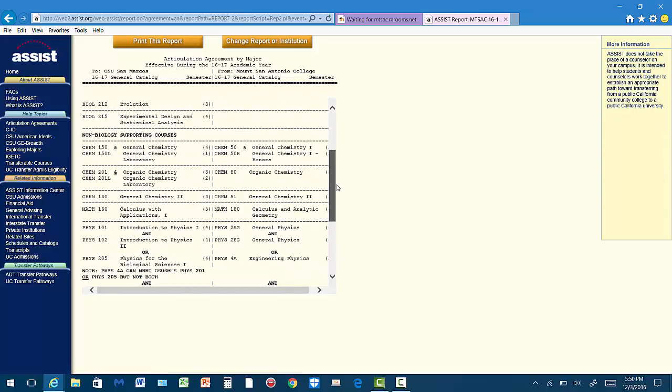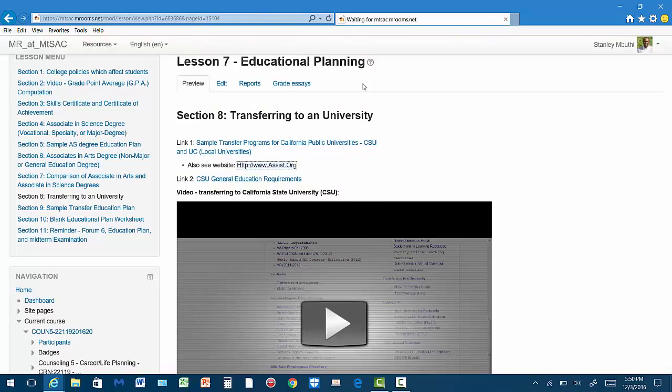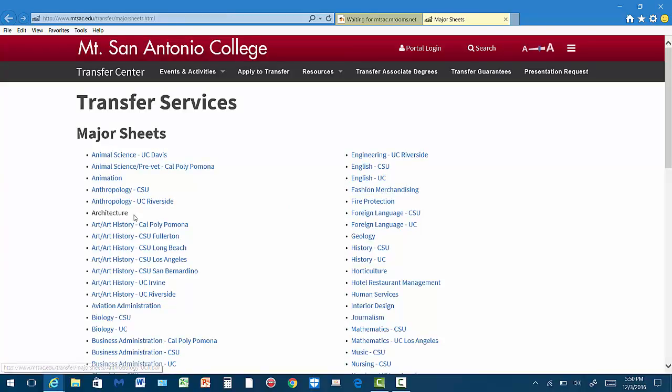You do not have to take these classes, mind you, before you transfer, but they are required before you graduate from Cal State San Marcos. So if you do not take them here at Mount SAC, you have to take them over there and make up before you can graduate from that institution. All right. So remember, assist.org is an alternative to the sample transfer programs that we have listed here for schools within the vicinity of Mount San Antonio College.